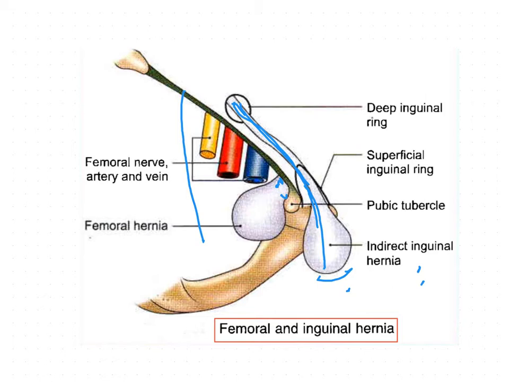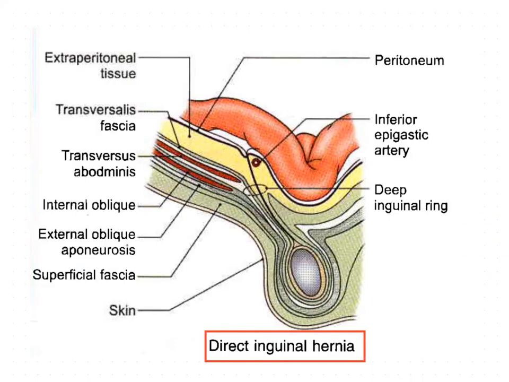Now we will see these inguinal hernias in detail. The first one is the direct inguinal hernia. This direct inguinal hernia occurs through the posterior wall of the inguinal canal.